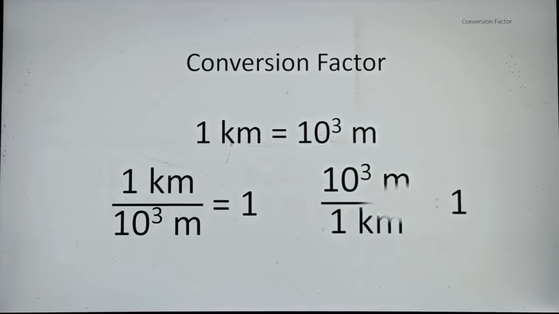And 10 to the third power meters divided by 1 kilometer is also equal to 1. So multiplying the given measure by the conversion factor is similar to multiplying a number by 1, where the value of the measure does not change.